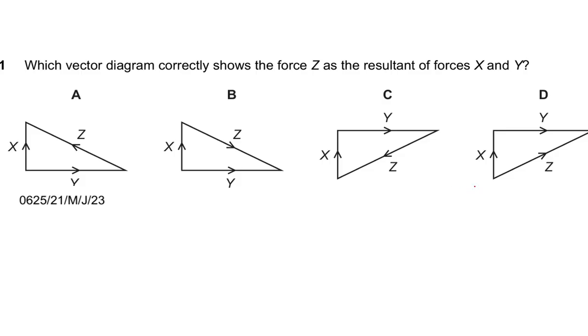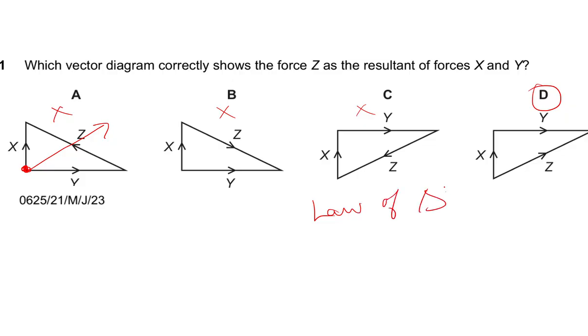The vector diagram shows x and y, the vectors acting on an object. So if this is the object, with x and y, definitely your resultant must be like this, not like A or B, not like the one shown in C. It's D. You can also use the law of triangular forces.